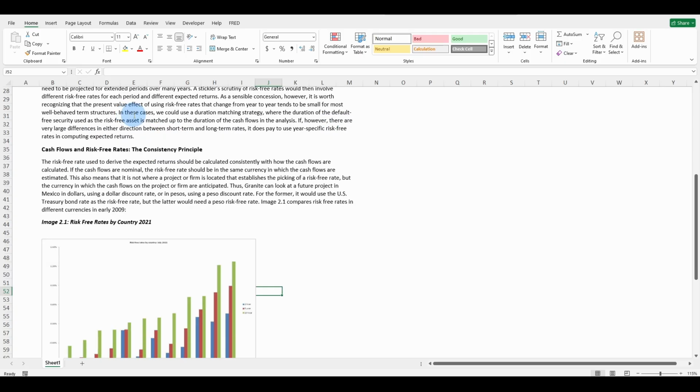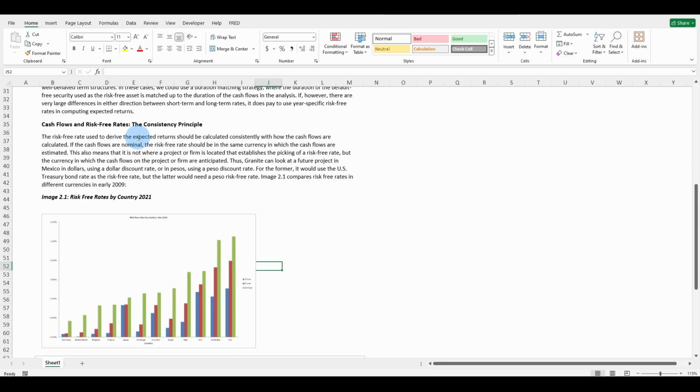In these cases, we could use a duration matching strategy, where the duration of the default-free security used as the risk-free asset is matched to the duration of the cash flows in the analysis. If, however, there are very large differences in either direction between short-term and long-term rates, it does pay to use year-specific risk-free rates in computing expected returns.